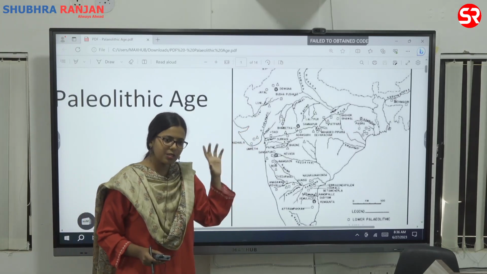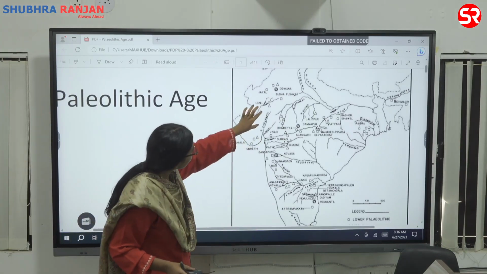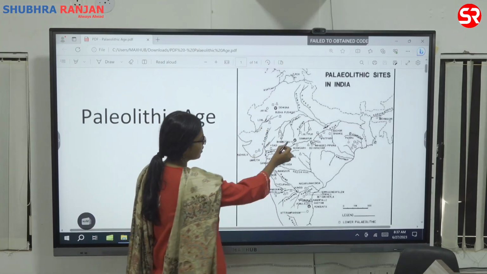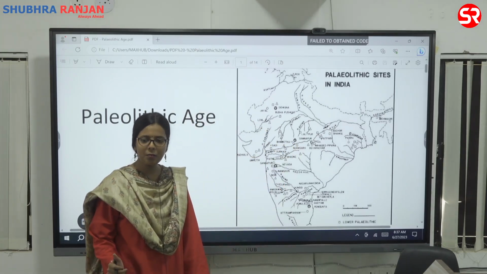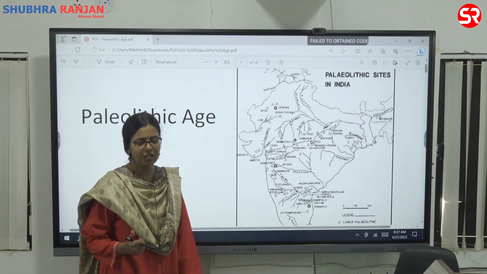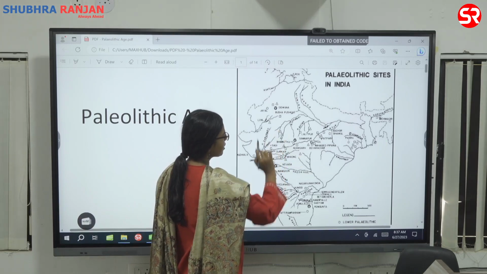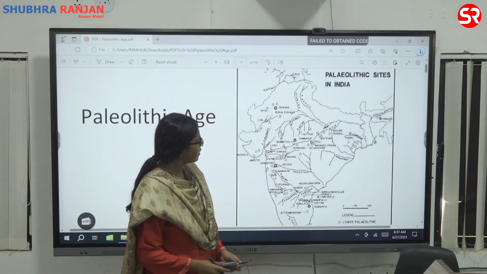I will tell you the sites which are important from exam perspective. Okay, and why, that is one logic that I am going to tell you shortly. This is the site Bhimbetka which you should remember. Where is Bhimbetka located? In present day Madhya Pradesh. Okay, Bhimbetka and Adamgarh you should remember.